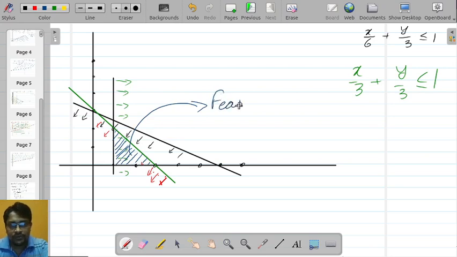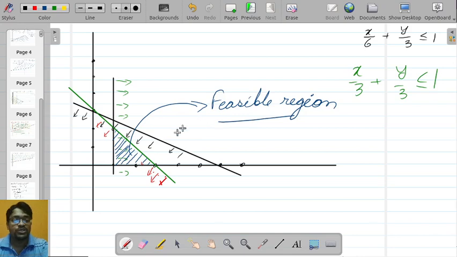Feasible region: the region in the xy plane which satisfies all constraints of the given LPP, including the non-negativity constraint. So our feasible region is this. In your exams you have to mark the feasible region this way, and of course you can write these lines.